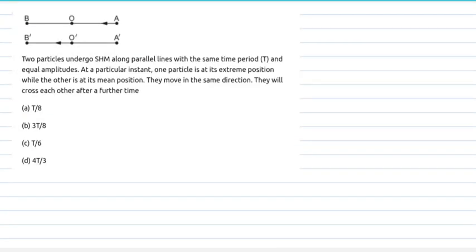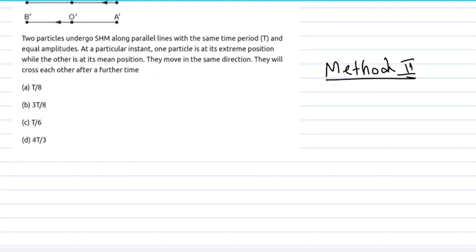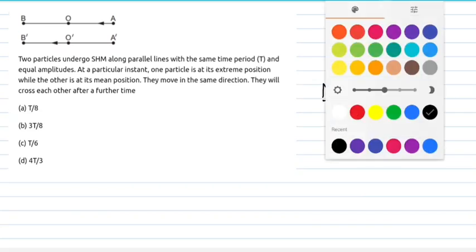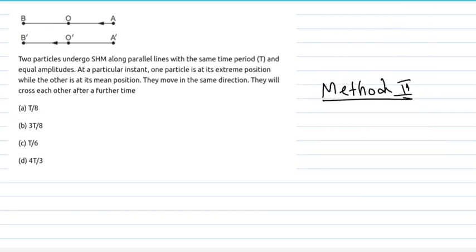And now we are solving the same problem by using the second method. Imagine that in the diagram the two particles are meeting over here. That means the first particle is starting from the extreme position.